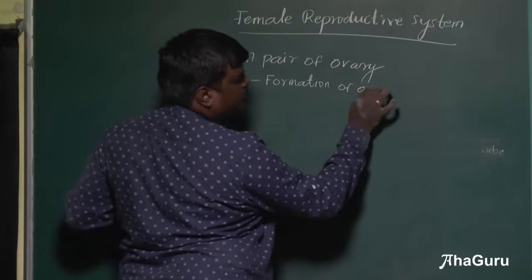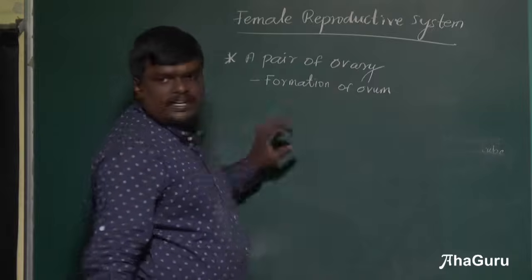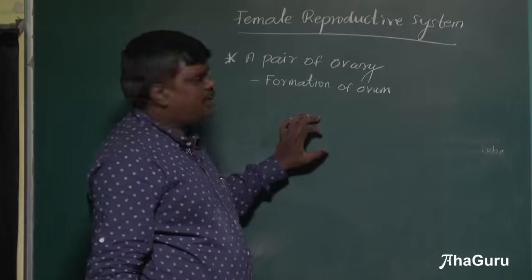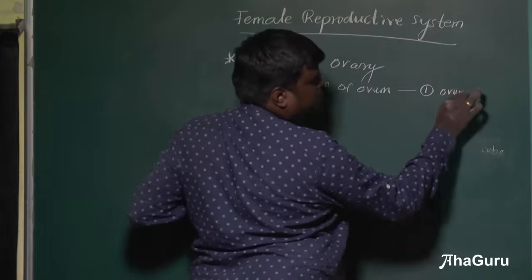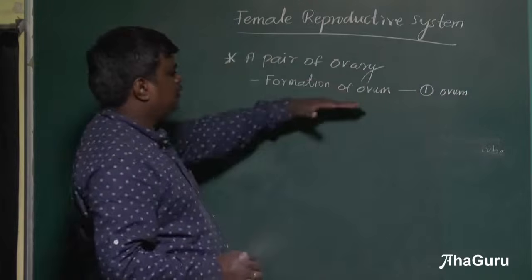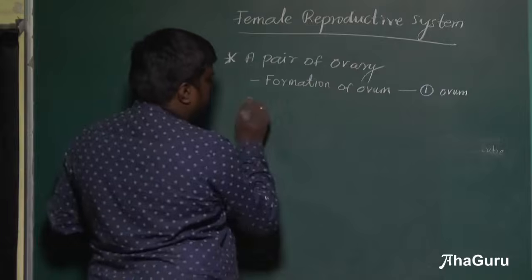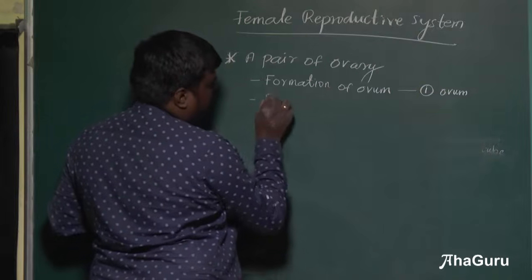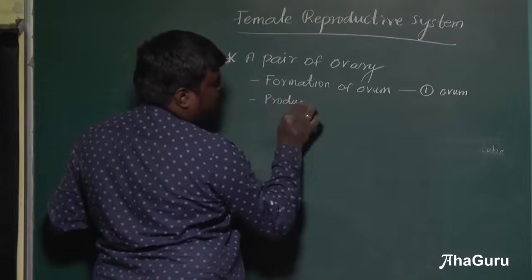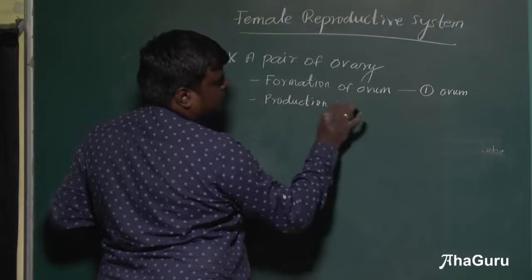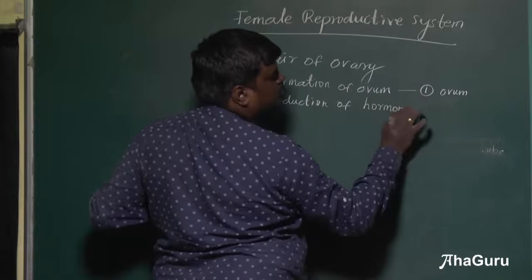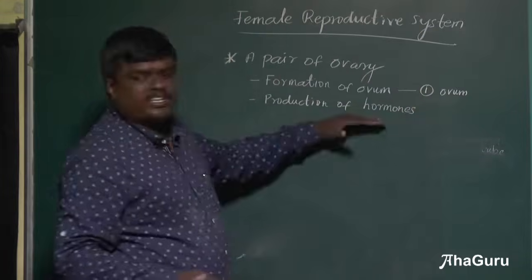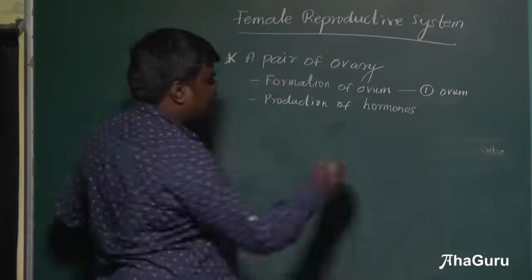In every reproductive cycle, that is the menstrual cycle of 28 days, one ovum is produced. The other function of the ovary is the production of hormones. The ovary basically produces 2 hormones.